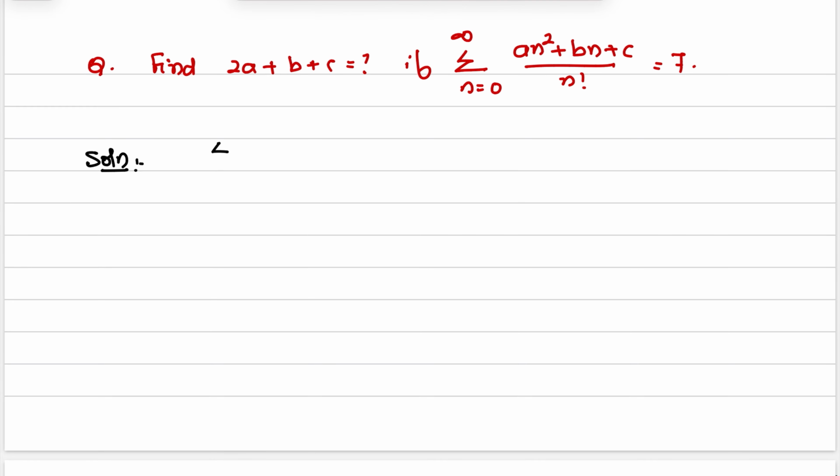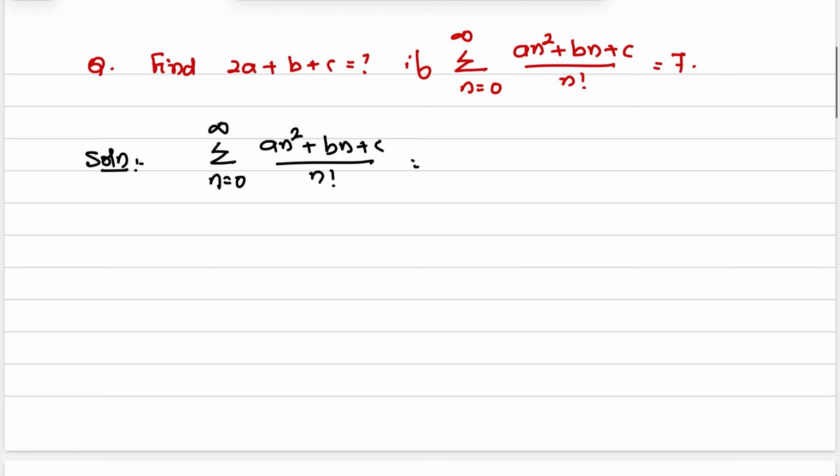Let us resolve sigma n is equal to 0 to infinity, how to rewrite this particular equation (an square plus bn plus c) divided by factorial n.